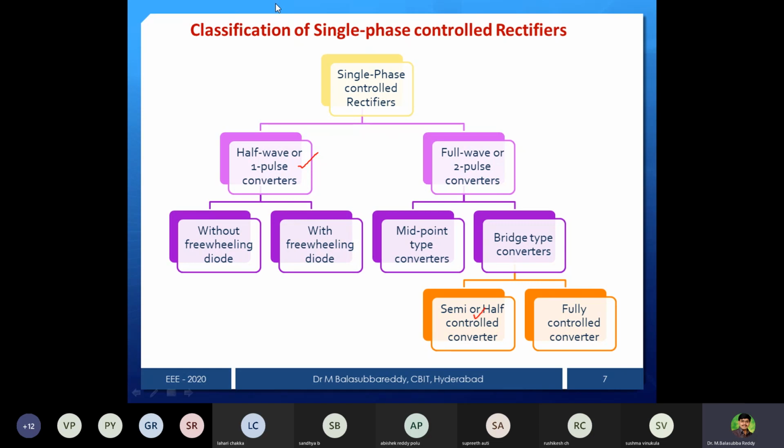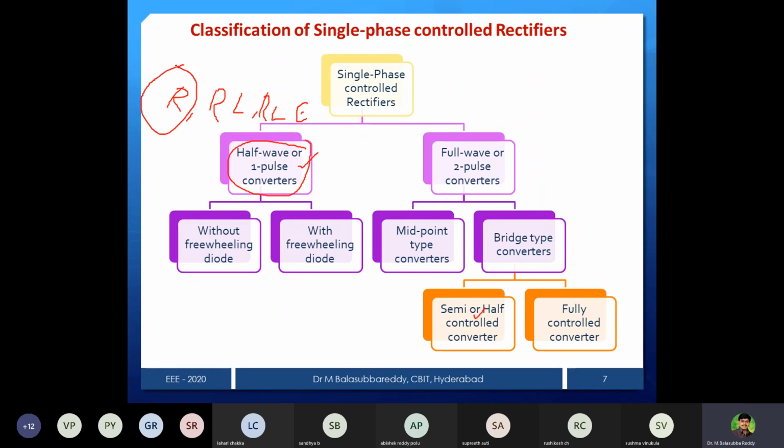Now we'll start this one. So today we'll finish this portion. Half wave is also called a single pulse converter with the R load. With different loads we'll see, RL load, then RLE. So what you only want to know is RL.